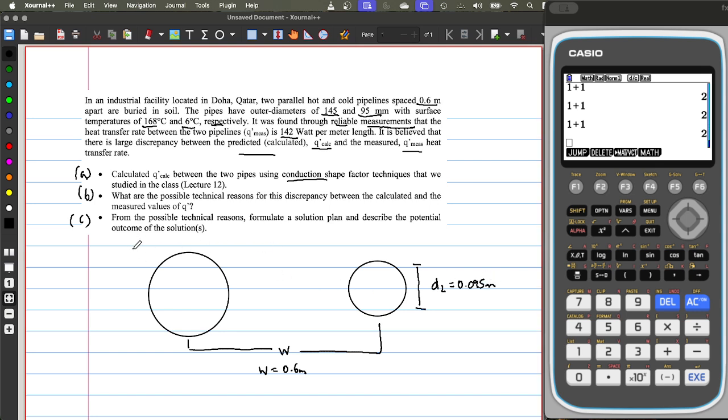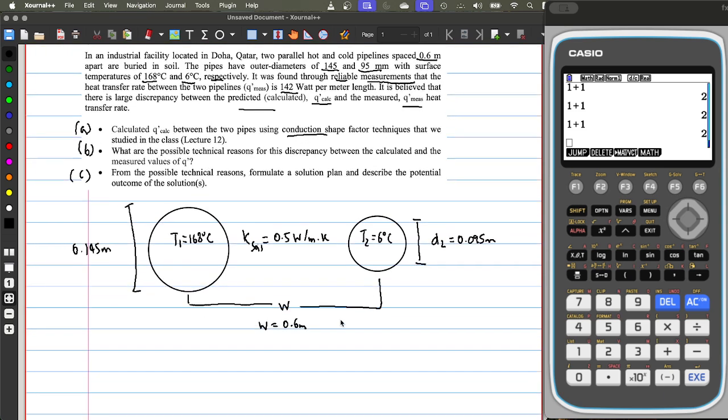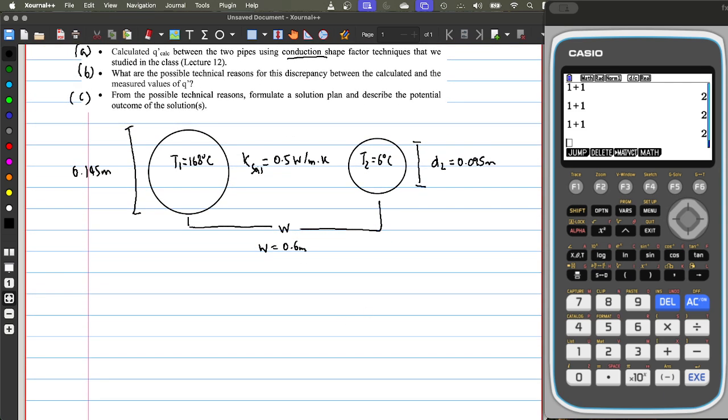The diameter of this pipe, D1, is 0.145 meters. The T1 here is 168 degrees at the surface, right? Surface temperature. And T2 here is 6 degrees. Okay, so now we have drawn the model. Now one more thing that we also have to assume here is k soil is 0.5 from the slides, watt per meter Kelvin. So that's just a schematic of the problem.